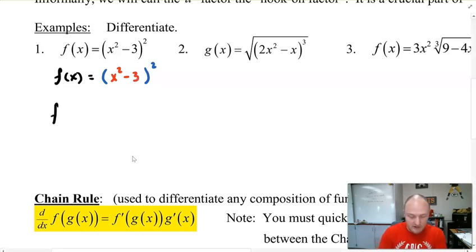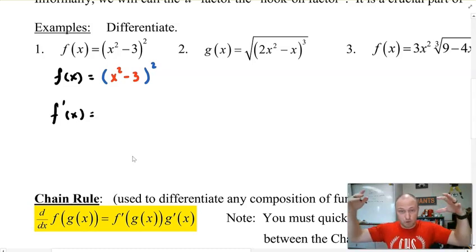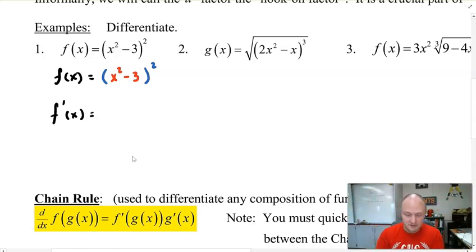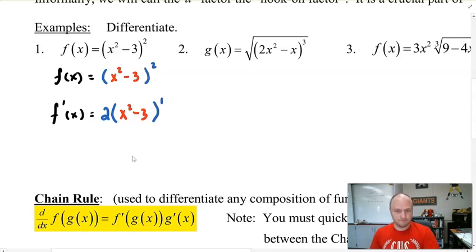I want to take f prime of x, so I have to take the derivative of the outside. The outside is the power, the outermost part. I'm going to use the power rule: 2 times the coefficient, which is 1. The power drops by 1, and the inside does not change at all.